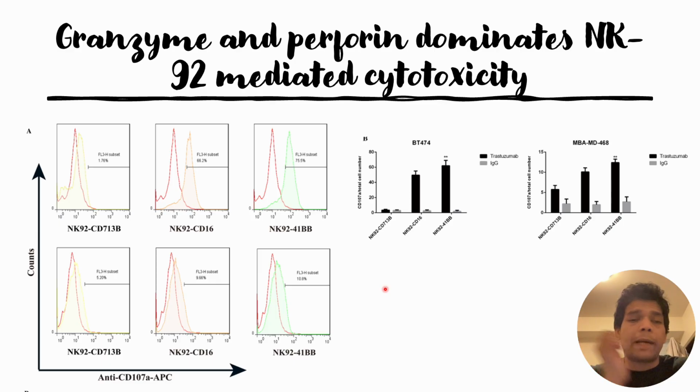is affected by which mechanisms. So they did the experiment with different NK-92 variants that they have developed, that is one variant that has this CD16 cDNA and one variant that has the CD16 CAR NK-92 that has the intracellular domain also, that is 41BB. They also used one control, which is NK-92 CD713B.